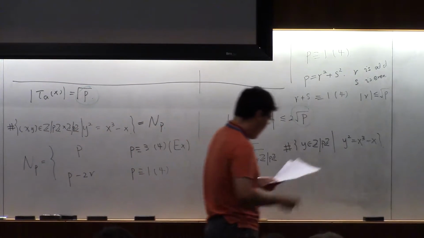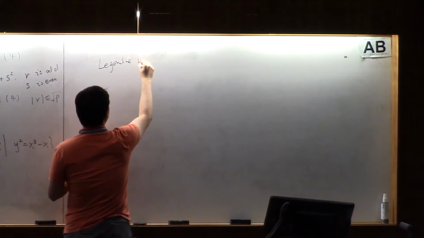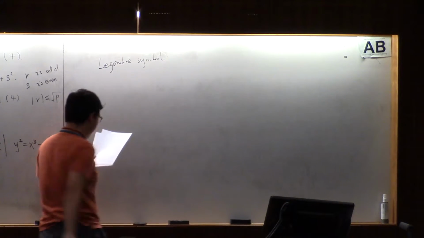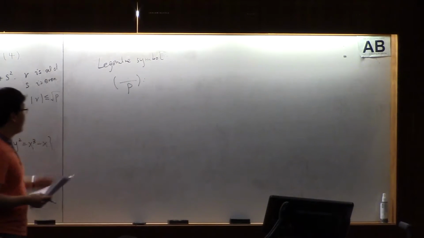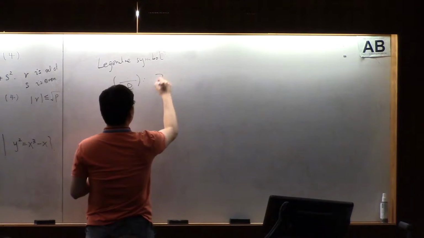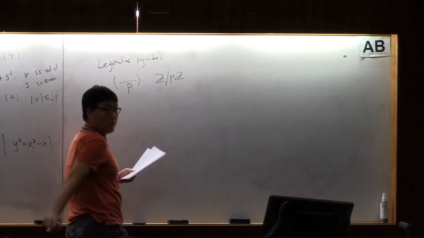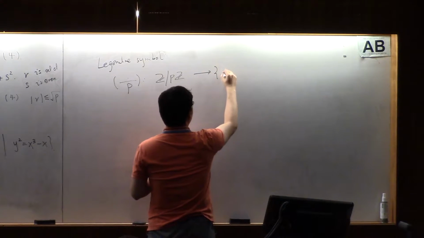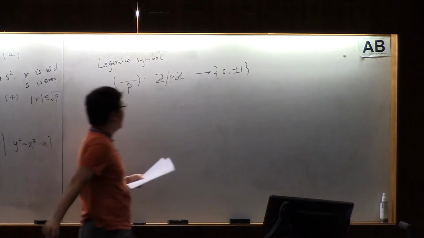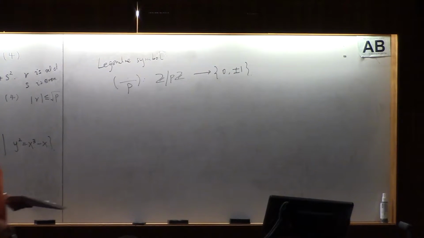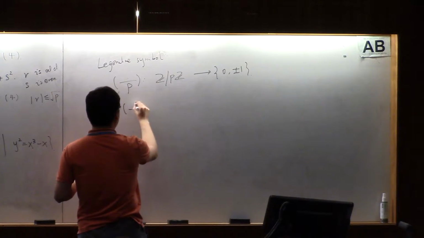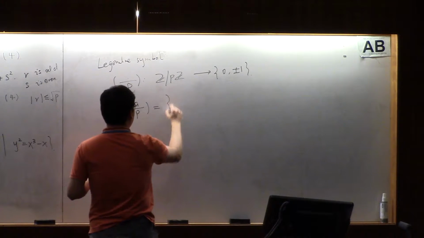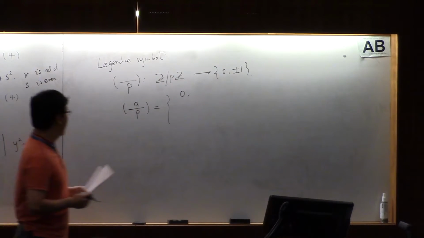I need to introduce the so-called Legendre symbol. The Legendre symbol is a map from Z mod pZ to values that can only be 0, 1, or -1. It is 0 if a is 0.